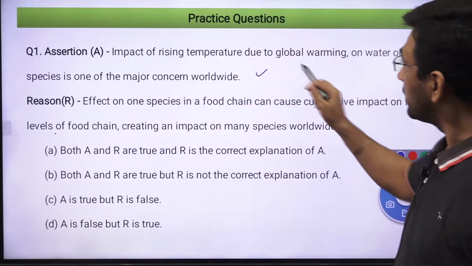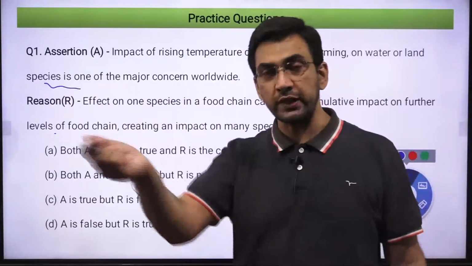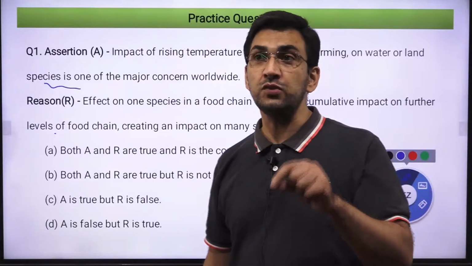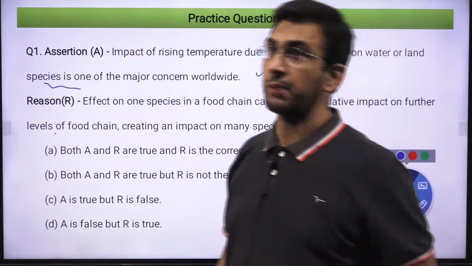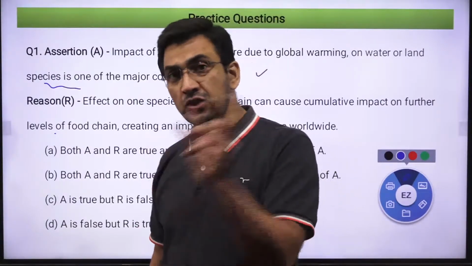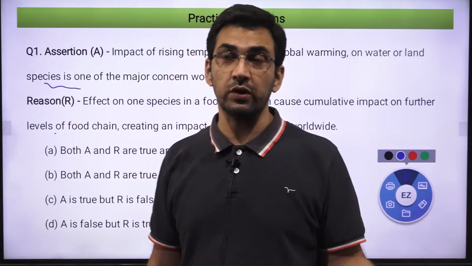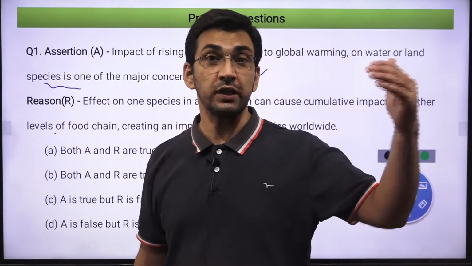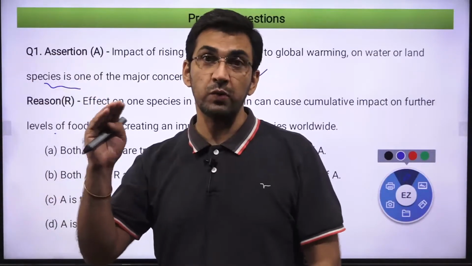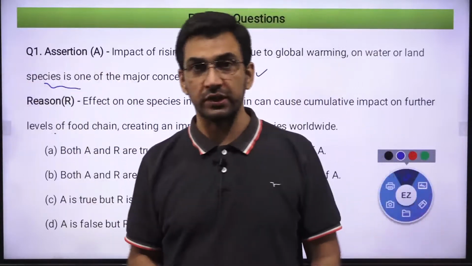Now, why will there be an impact on species? If there is a climate change, why is there going to be an impact on the species? See, there are many species which are sensitive to temperature changes, right? Because of even a minor change in temperature which may happen over a period of time, as we are talking about restricting, as per the Paris climate deal, the rise in temperature to below 1.5 degrees Celsius after pre-industrialization, right?